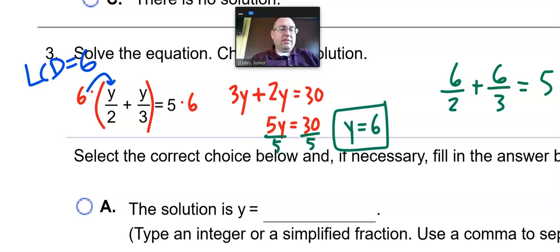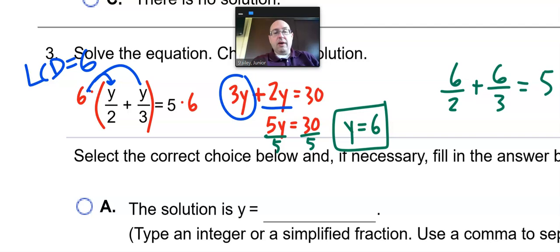If I multiply 6 times y over 2, that's 6y over 2, which reduces to 3y. In other words, 2 goes into 6 3 times, and then 3 times y. Then when you go to the next one, 3 goes into 6 twice, so that would be 2y. Don't forget that you're multiplying everything by 6. The other side would be 30. Sorry for yawning. Add the 3y and the 2y, and you get 5y, divide, and you get 6.